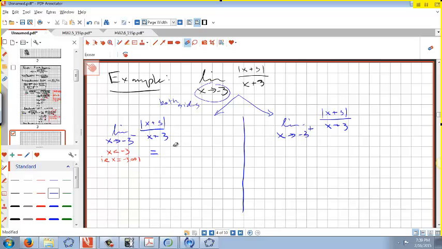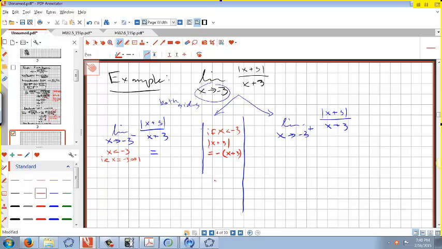So for numbers that are less than negative 3, this quantity x plus 3 is negative. If x is less than negative 3, then the absolute value of x plus 3 always has to be a positive number, so it has to be the opposite of whatever x plus 3 is.